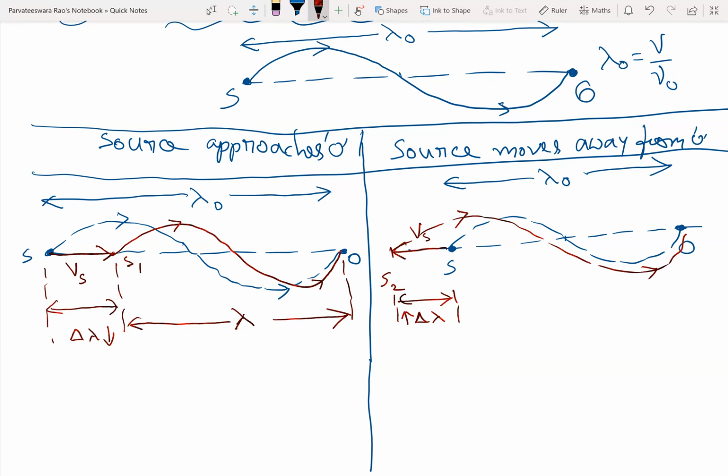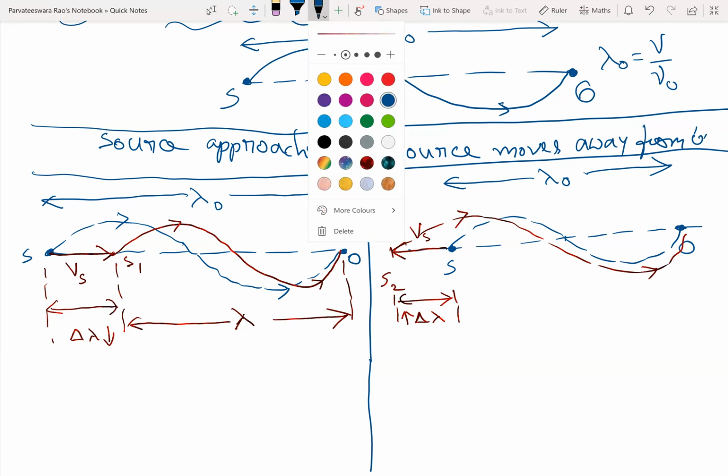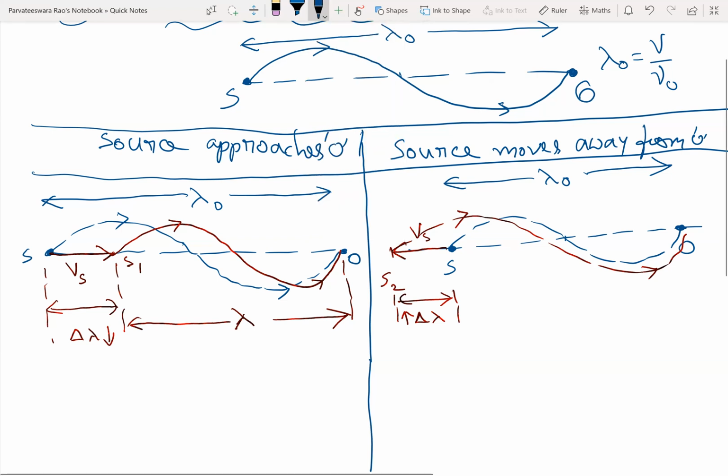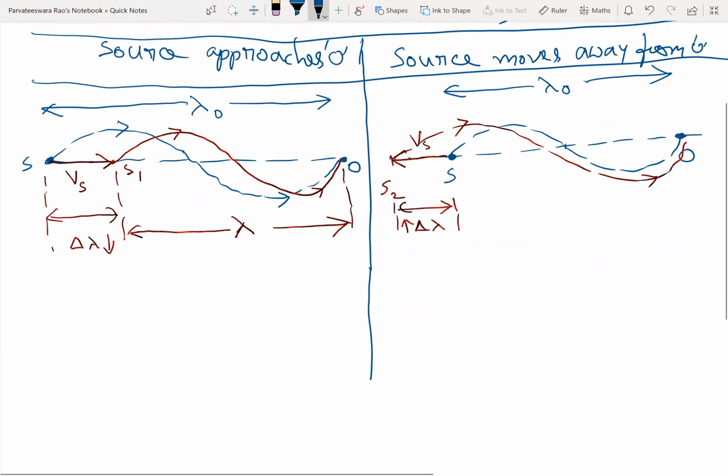The decrease or increase in wavelength is caused because of the motion of the source either towards or away from the observer. Therefore, delta lambda here is Vs by nu naught.